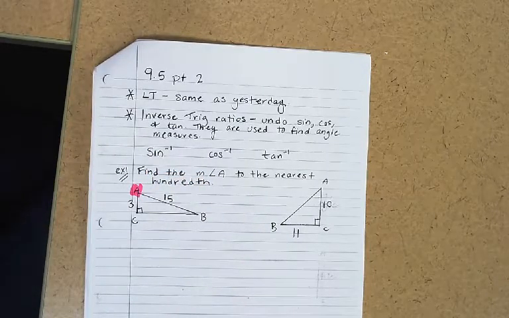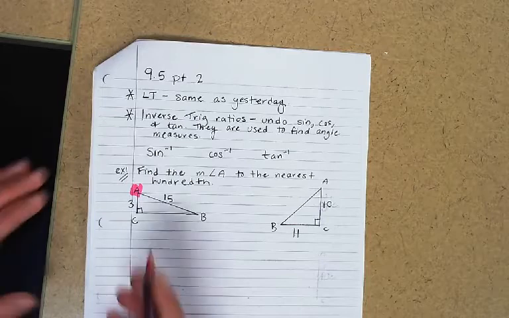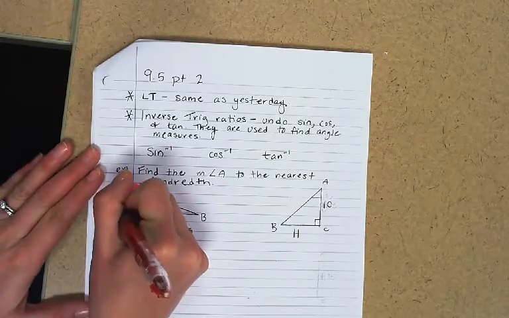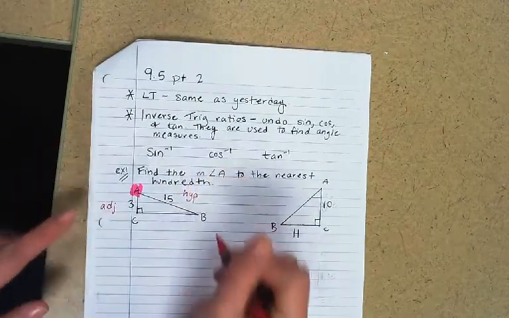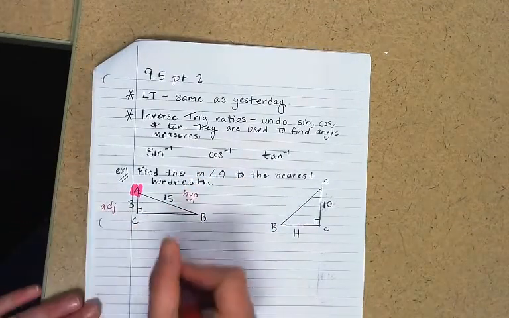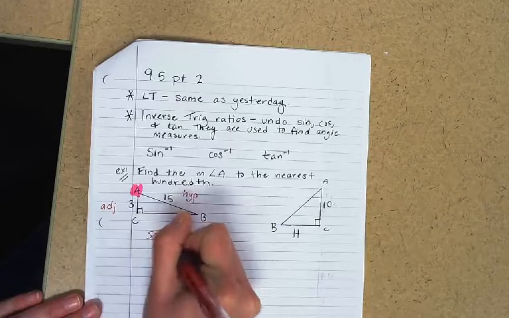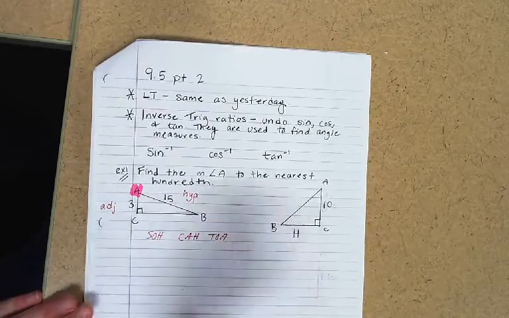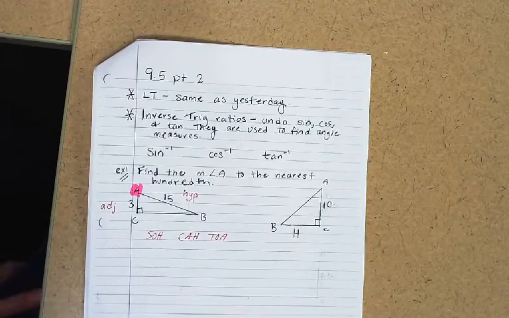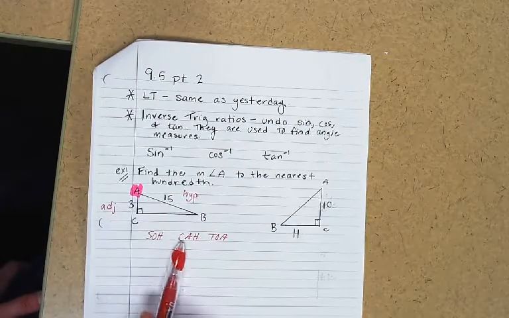So let's write out what they give us: opposite, adjacent, and hypotenuse. We don't have opposite. This is our adjacent, and this is our hypotenuse. So they gave us adjacent and hypotenuse. So in SOHCAHTOA, you have to decide which one has the A and the H. That's cosine.